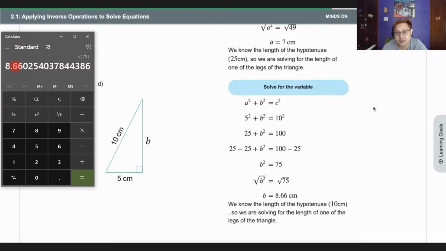Oh, they chose 3 sigfigs: 8, 6, and 6. It makes sense because on the calculator it's 8.66025 something, and the 0 is not really significant, so we stop there and take the 66. So that's why it's 8.66.